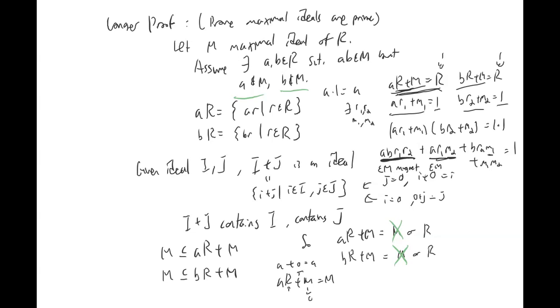M1 is in M, so this term is in M by the absorbing property. And M is an additive subgroup, so this means the whole left-hand side is in M. Do you all agree?